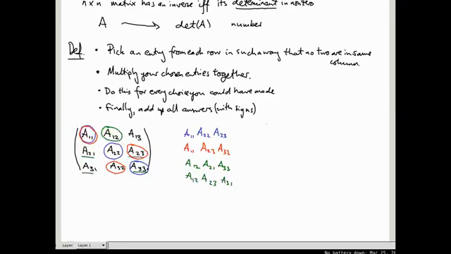And finally, if you picked A13 in the first row, then basically you have these two choices in the second and third rows, so A21, A32 and A13, A22, A31. Okay, so there's 6 possibilities.